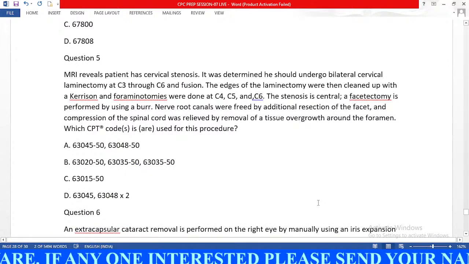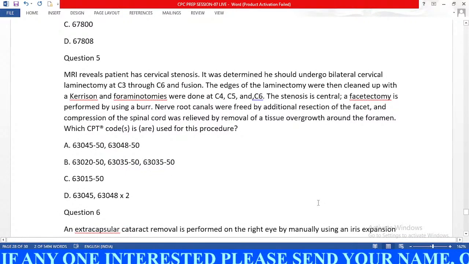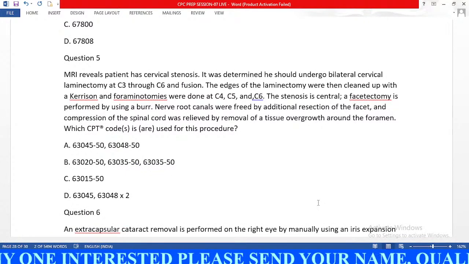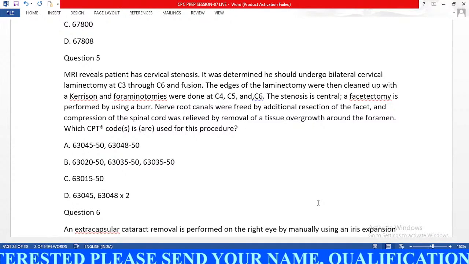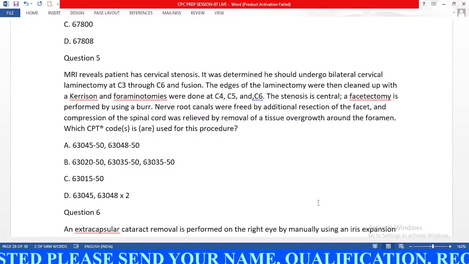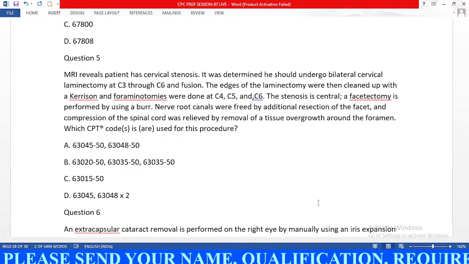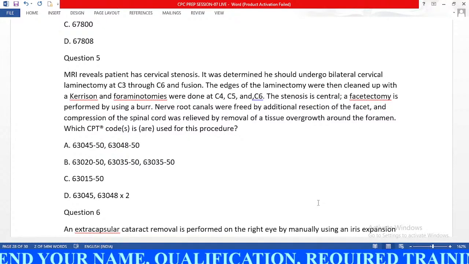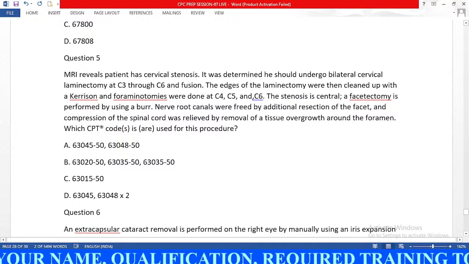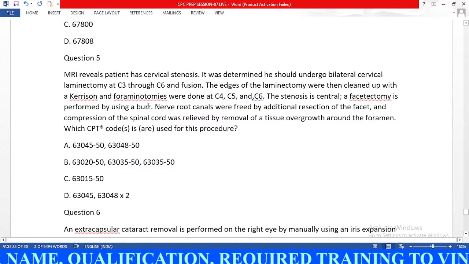So next question, question number 5. MRI, which means magnetic resonance imaging, reveals the patient has cervical stenosis. It was determined he should undergo bilateral cervical laminectomy at C3 through C6 and fusion.